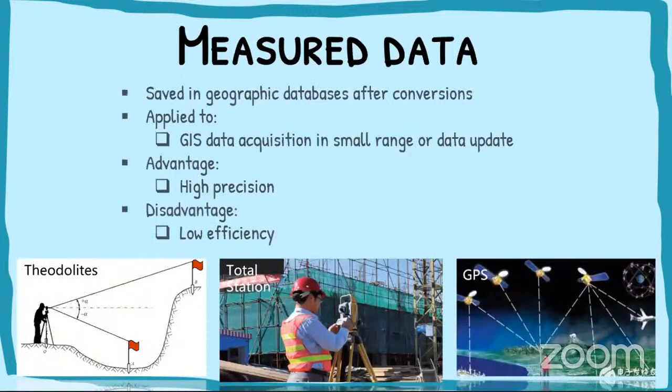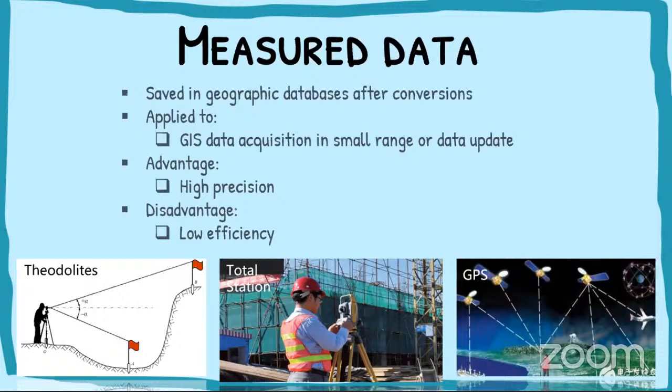Next, we go to the measured data. Measured data can be saved in a geographic database after the conversion of the data. This measured data is applied to GIS data acquisition in a small range or for updates.